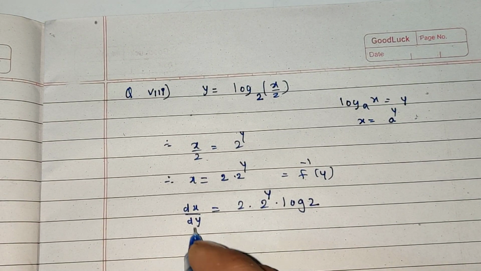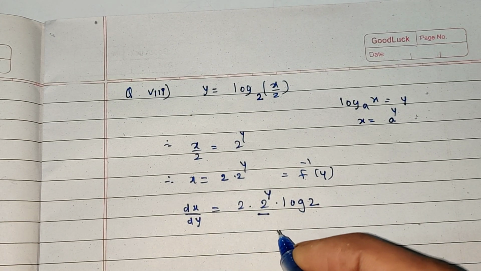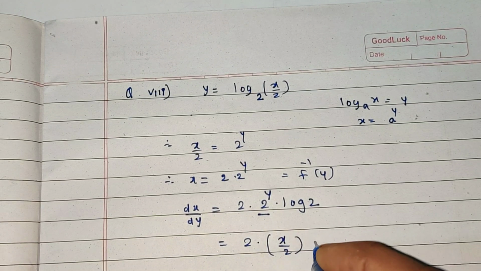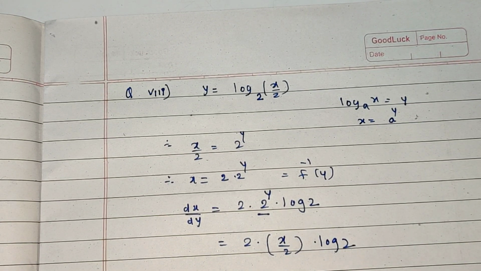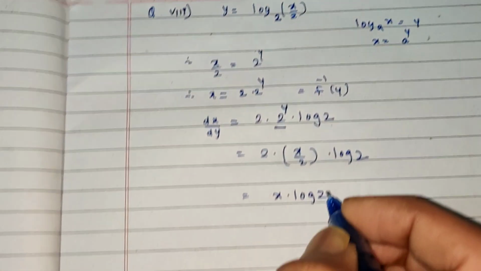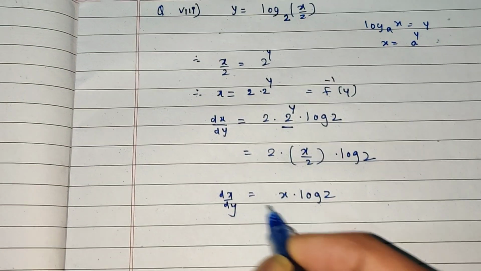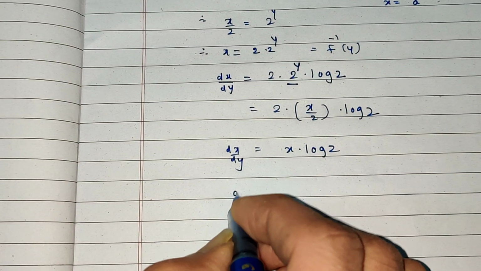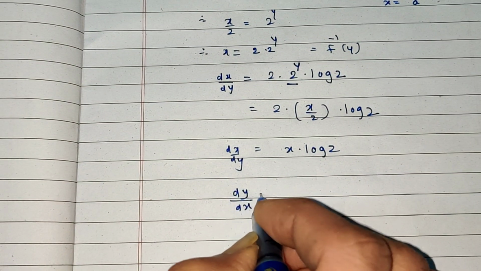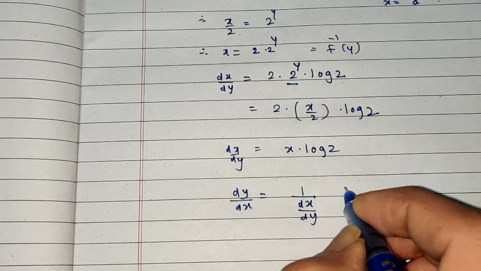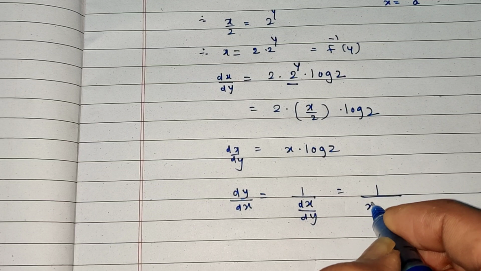This will be dx by dy, but this 2 raised to power y is x by 2, 2 times x by 2 log of 2, which is x log 2. x log 2, it is dx by dy. dy by dx will be 1 upon dx by dy, which is 1 upon x log 2.